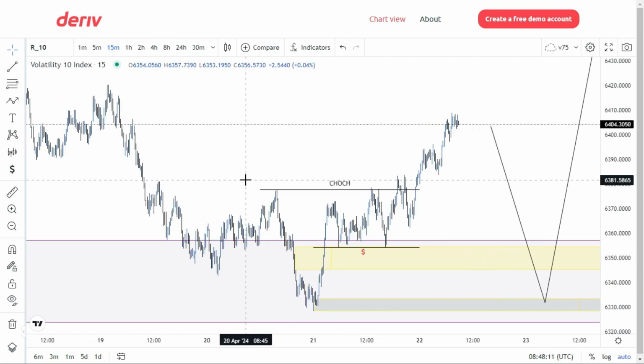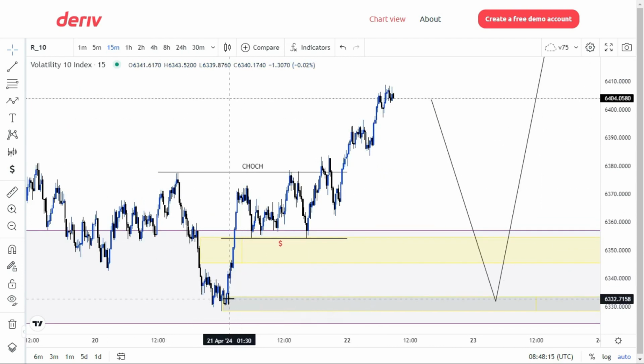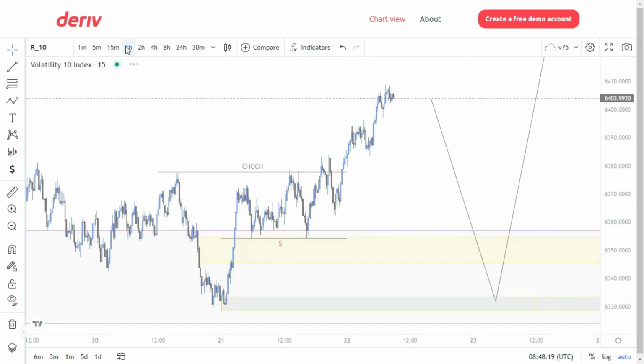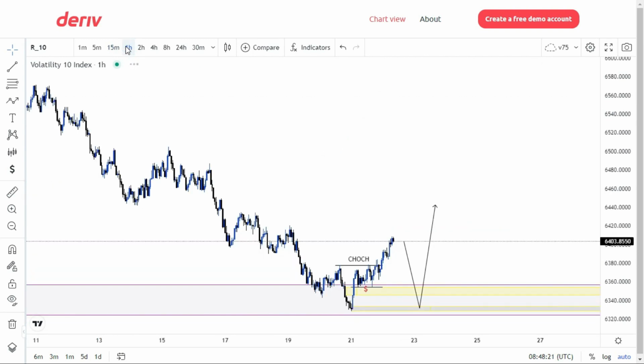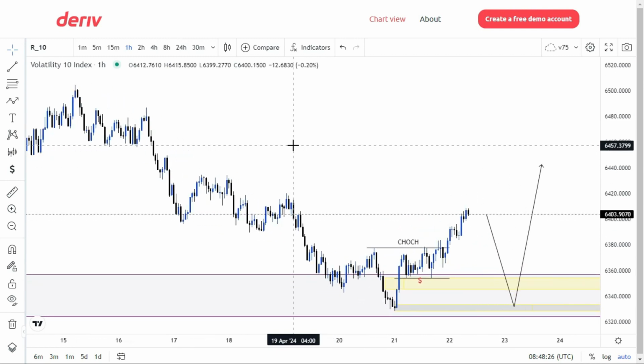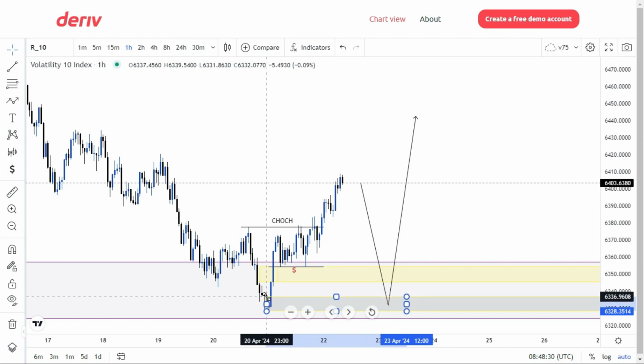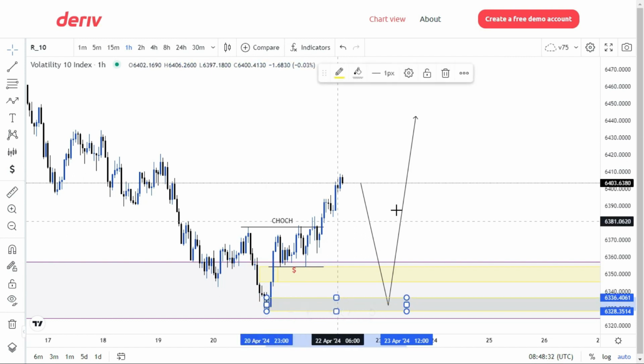They might just want to satisfy the 1-hour time frame POI. If you go to the 1-hour time frame, you will see that it's a different POI altogether. So your POI will increase a little bit to that one. And if you focus on that only, you might miss the trade as well, right?